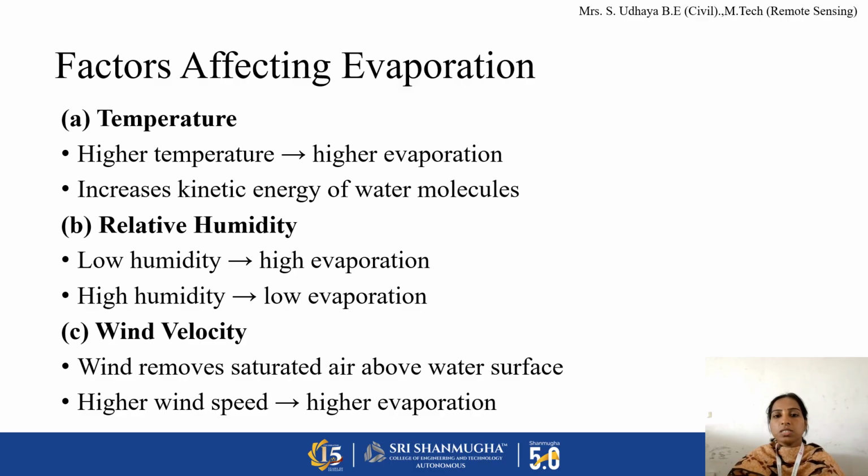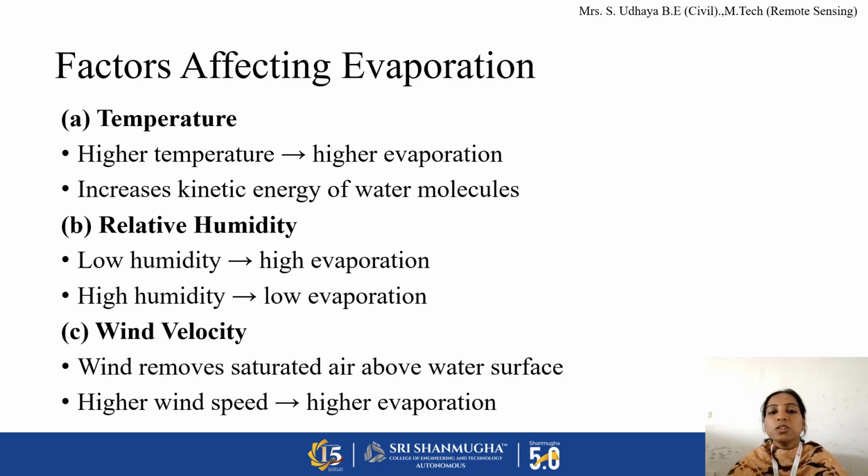Wind velocity also plays a major role, because water that has already evaporated is stored above the water body in the form of water vapor. When wind flows from one place to another, it tends to move the water vapor already formed, so the surface above the water body becomes emptied.